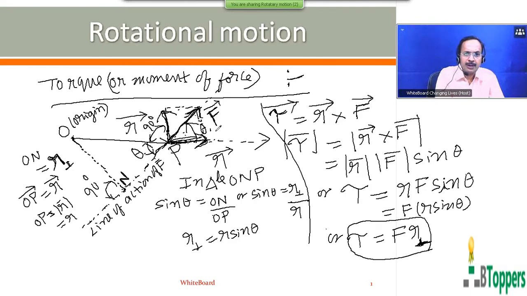So the component of the force F bar parallel to R bar we denote by F subscript parallel, which is equal to F cos theta. The component of the force which acts perpendicular to R bar is denoted by F subscript perpendicular. This F perpendicular represents the component of the force which acts perpendicular to R bar, which is equal to F sin theta.